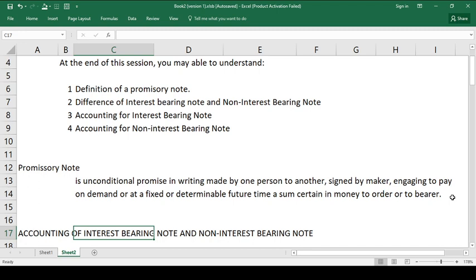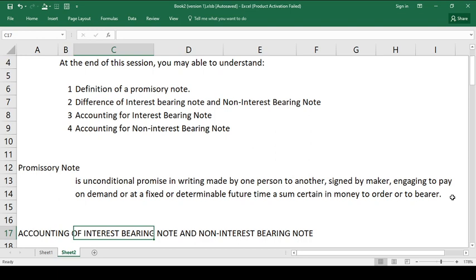Actually, if we examine the definition of a promissory note, we can easily say that a promissory note constitutes a pure obligation. Why? Because the promise or the obligation here is unconditional.